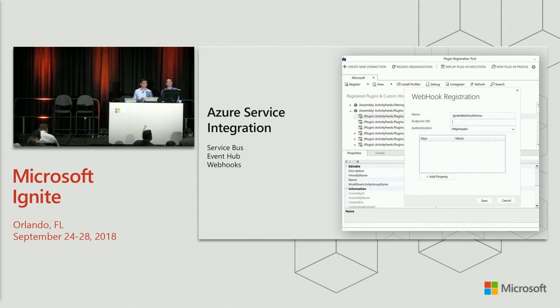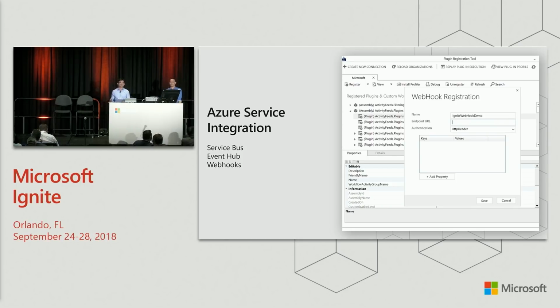The next one is Azure Service Integration. In the Azure Service Integration piece, you can have code running as part of the plugin, which knows how to integrate with the service bus and other Azure capabilities.